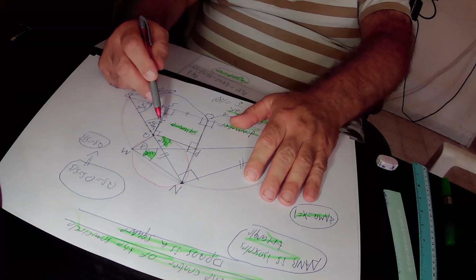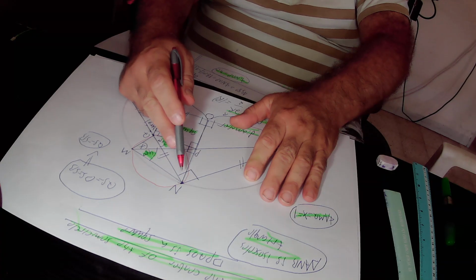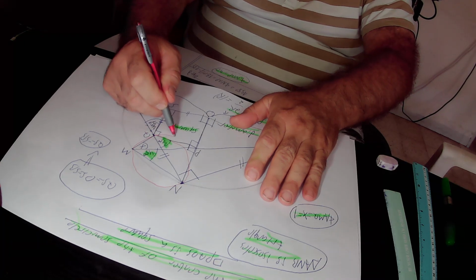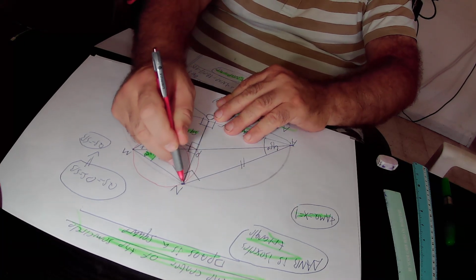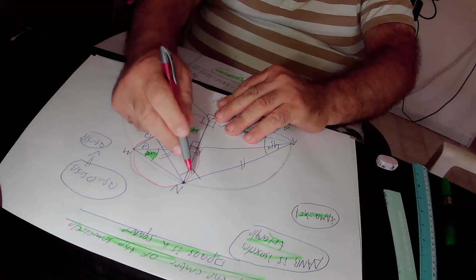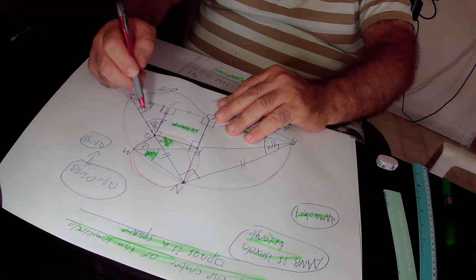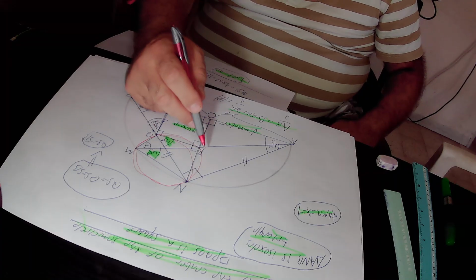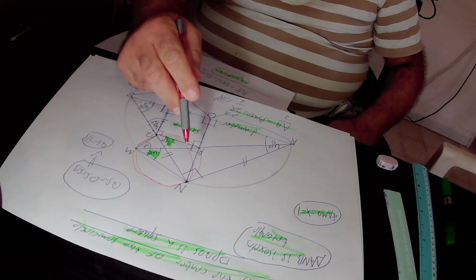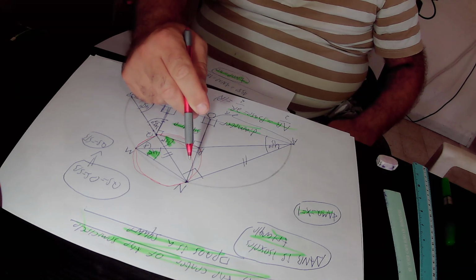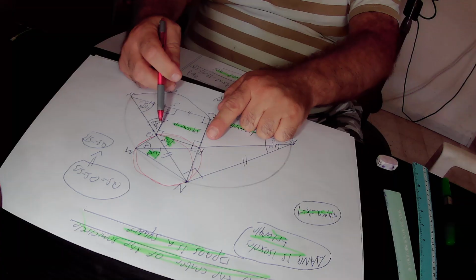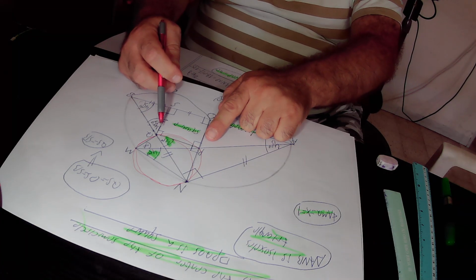Because all of its four vertices, that is to say point N, point M, point Q, and point P, lie on this red circle, and therefore the red circle blocks this quadrilateral NMQP.